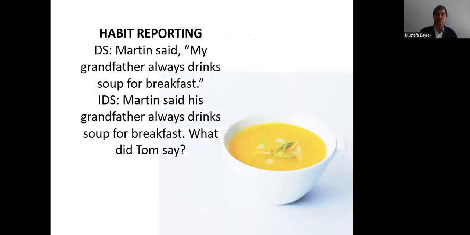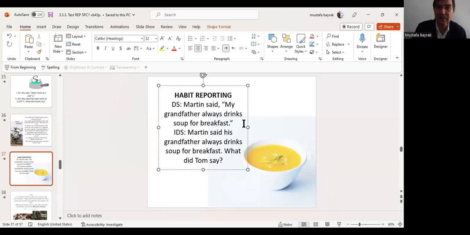Okay. Habit reporting. Direct speech. Martin said, "My grandfather always drinks soup for breakfast." Yeah, in Turkish, we say drink, but in English, the English language says soup is eaten. Martin said, "My grandfather always eats soup for breakfast."